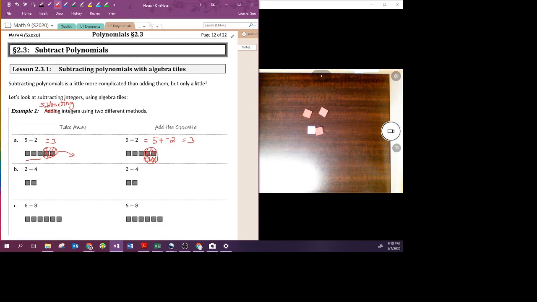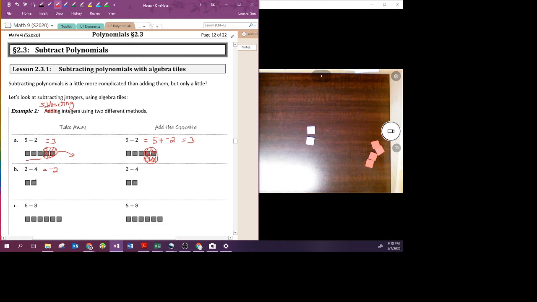It looks different. And then I can add another 0 pair. And again, it looks different, but it's still just 2, right? But now I can take away 4 because now I've got 4 red ones that I can take away. So I can take that away, and my answer is negative 2.